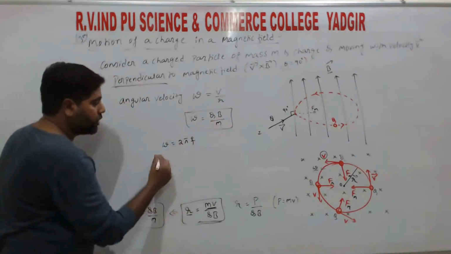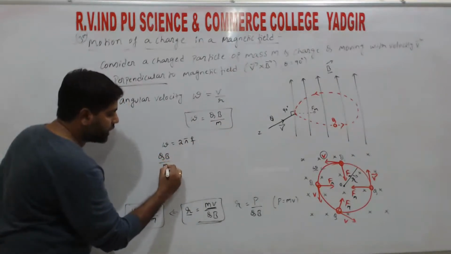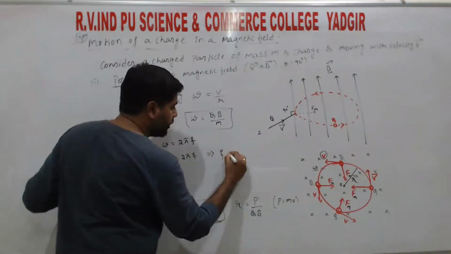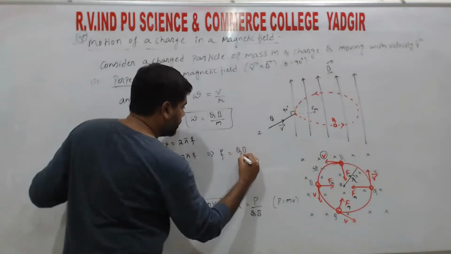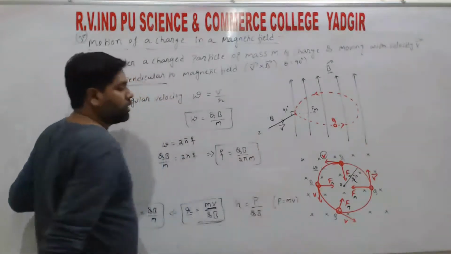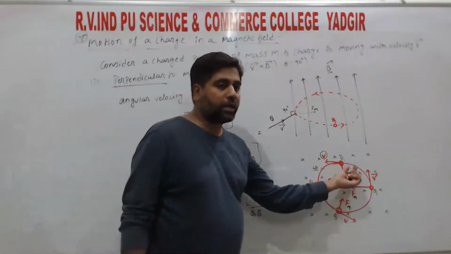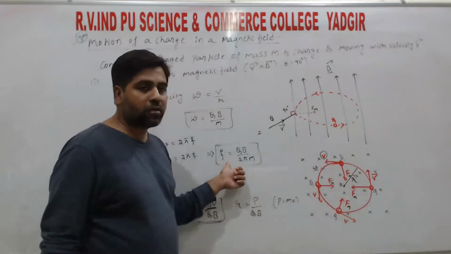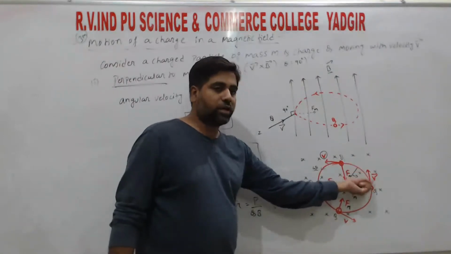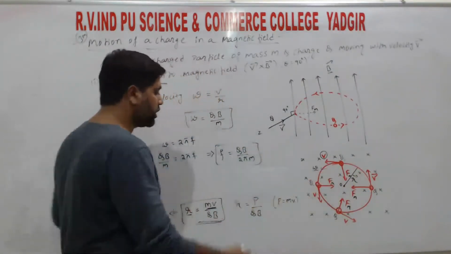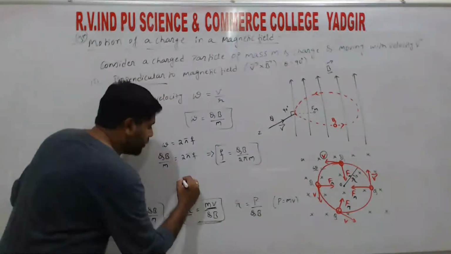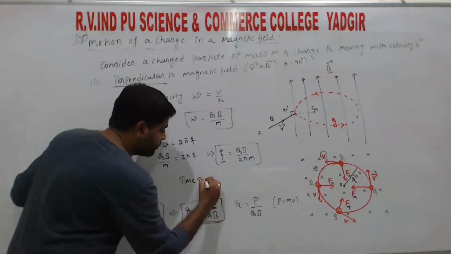So omega is qB divided by m, equal to 2 pi f, so f is equal to qB divided by 2 pi m. The number of revolutions made by the particle in 1 second we call the frequency. Whether it is 10 or 50 revolutions in 1 second, we call that the frequency.